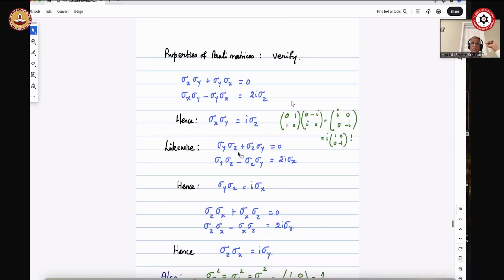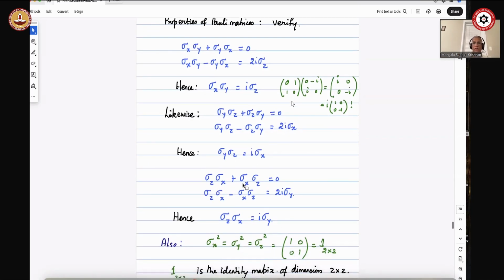Likewise, sigma y sigma z plus sigma z sigma y is 0. Verify this. Sigma y sigma z minus sigma z sigma y is equal to 2i sigma x. Verify this. If you verify these two, this is already verified because it's nothing but the sum of the two.